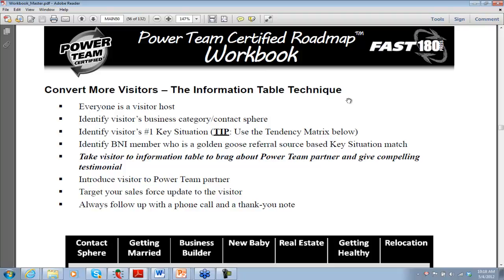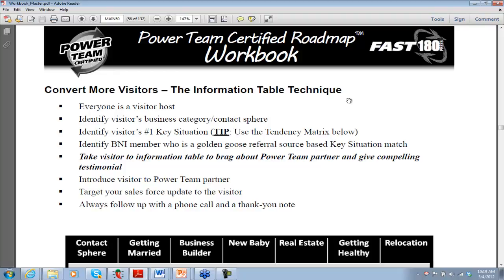The appointed visitor host and any other associate hosts are all busy with people, and in walks this visitor. So it's your job to approach the visitor, identify yourself, extend a warm welcome, handshake, find out about them, get their business cards, and go through the process that your chapter does to register them and whatnot.